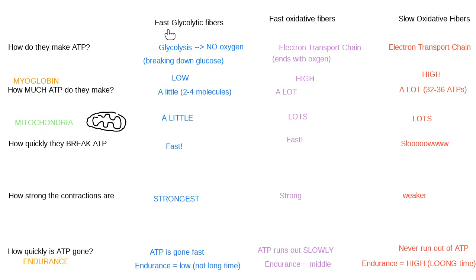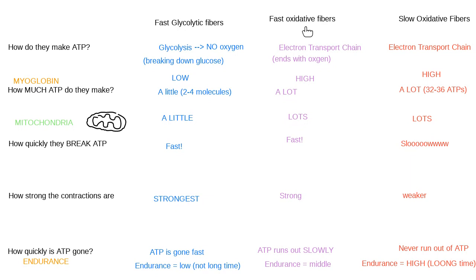It's really not going to make a difference for a fast glycolytic fiber if you give it more mitochondria, because the way a fast glycolytic fiber makes its energy is glycolysis. It's not going to help that type of fiber if you give it more mitochondria. It doesn't use mitochondria. What could help this kind of fiber is if I gave it more glucose, because that's the way it makes energy.